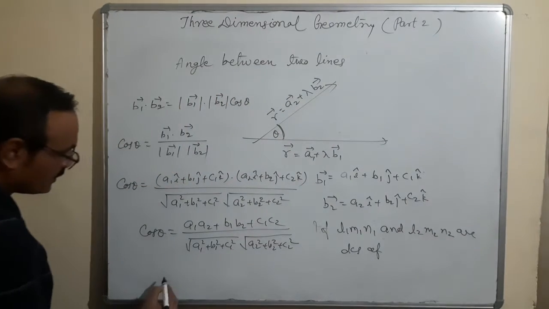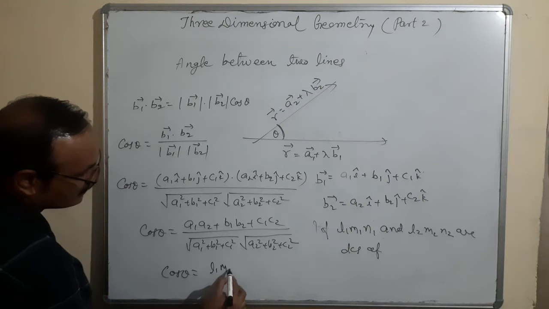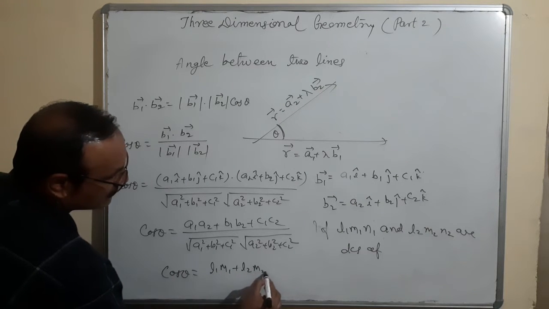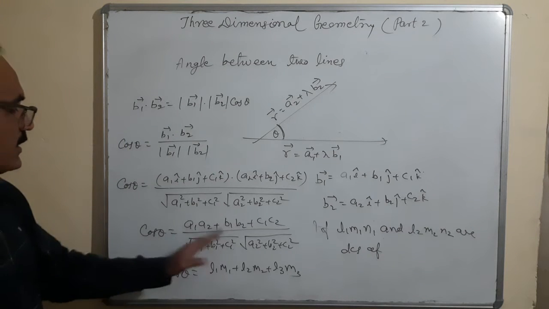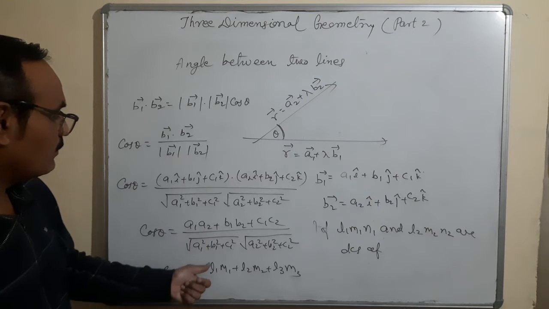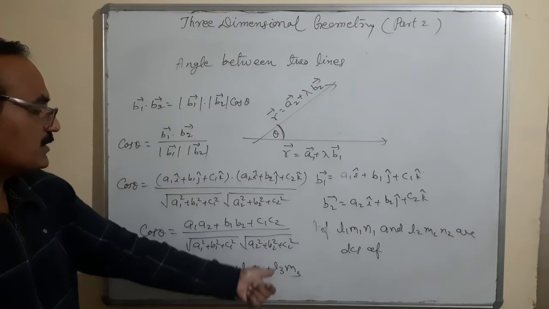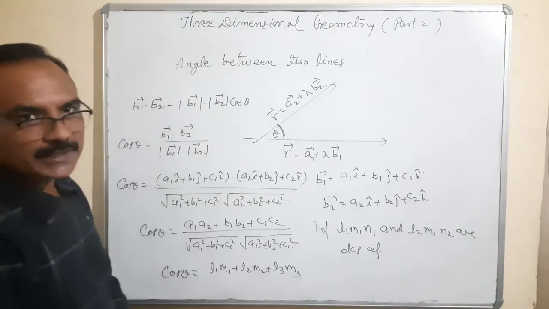Is it okay? We can directly replace this term: a1 a2 with l1 l2, b1 b2 with m1 m2, c1 c2 with n1 n2. This is the value of cos theta when the direction cosines are given.